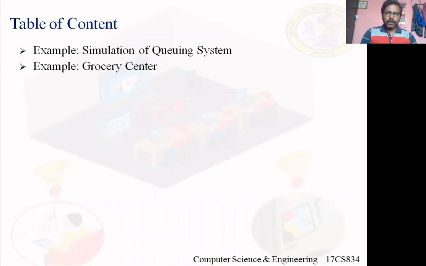Before I proceed to simulate a queuing system, what are the two usual inputs we are going to consider in a queuing system, say, for example, a banking system? We discussed earlier, right? You remember there are two usual inputs in the case of a queuing system.